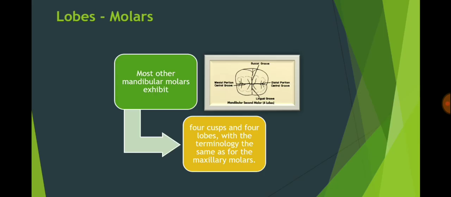Most other mandibular molars exhibit 4 cusps and 4 lobes, with the terminology the same as the maxillary molars. So let's look at the lobes. All teeth develop from 4 lobes, except the mandibular first molars and the mandibular second premolars, Y type.